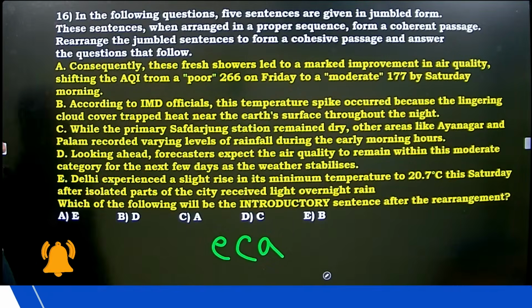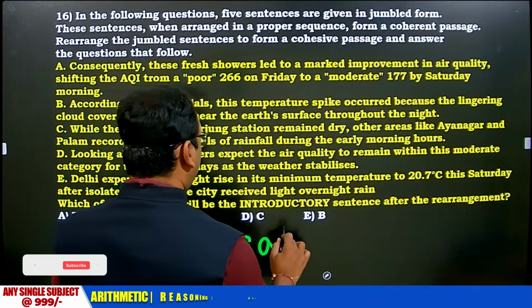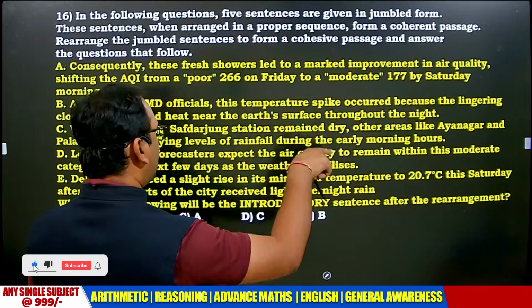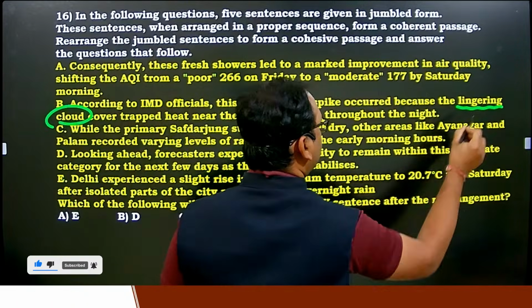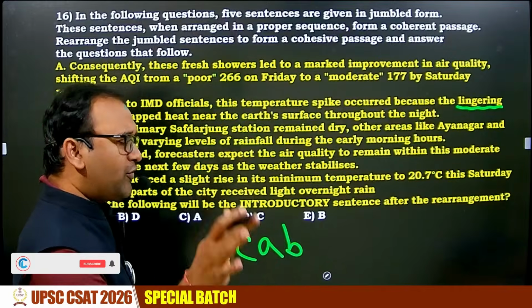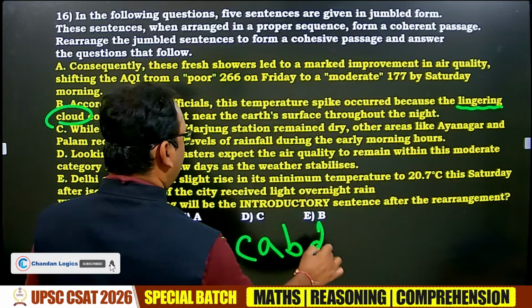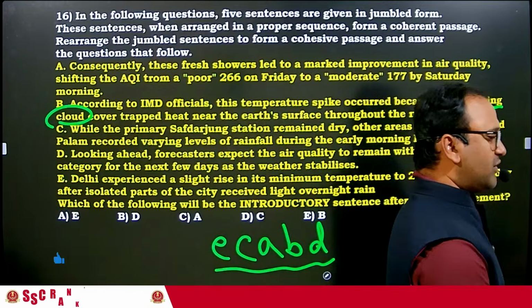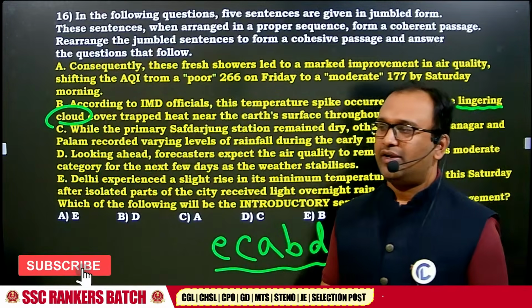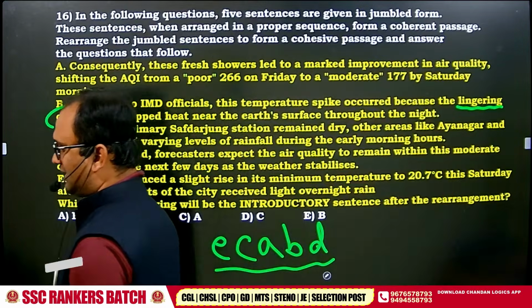Of course, there was a rise in temperature also, but that rise in temperature occurred because of the cloud only. Lingering cloud. Linger means without any movement. But overall, it was happy news for Delhi. Air quality improved. So everybody now expects this air quality to be consistent, at least for some more days.